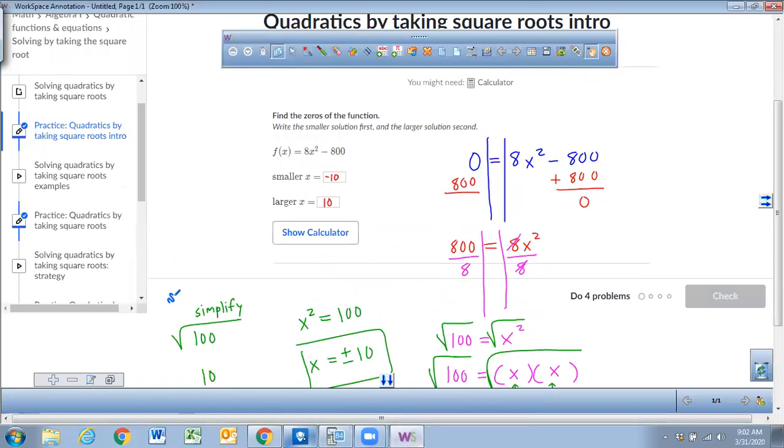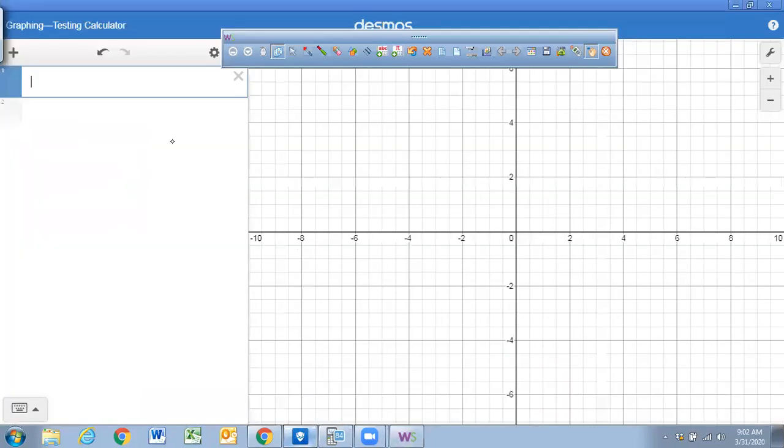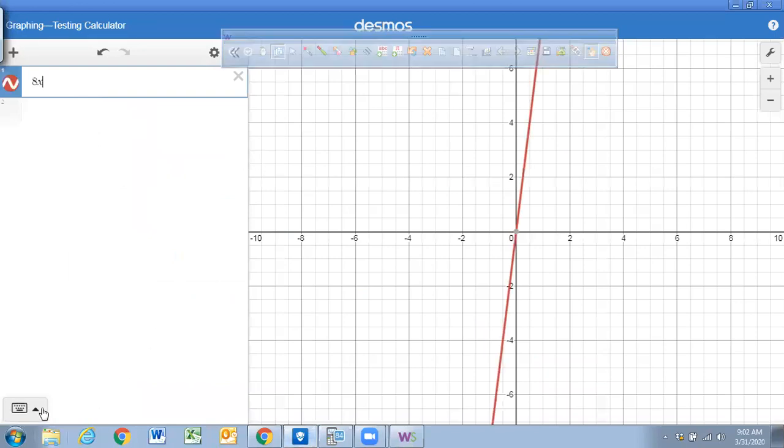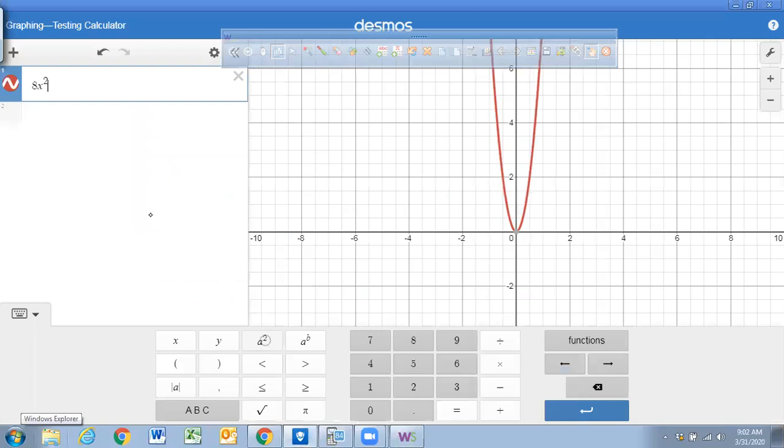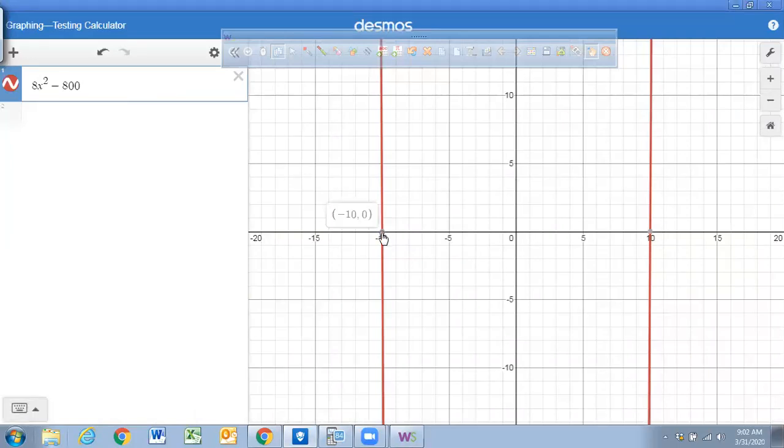Now, this is how you would do it by hand. Obviously, you guys have access to Desmos, and you could type in 8x squared minus 800. And if you zoom out, you could see that one of the zeros is at negative 10 and one of the zeros is at positive 10. So if you type it in, you can find the zeros just by looking at Desmos.